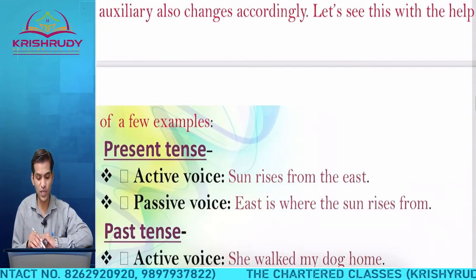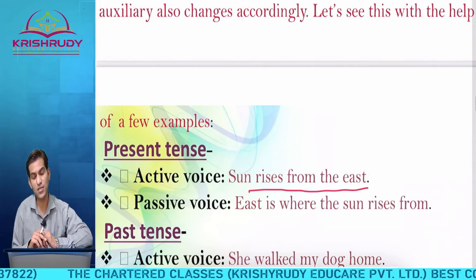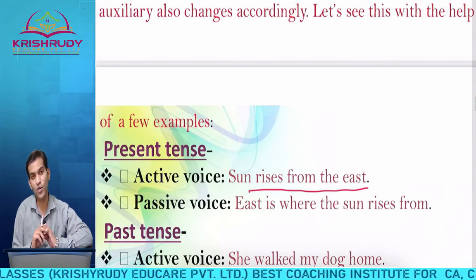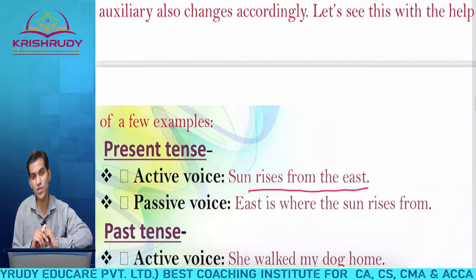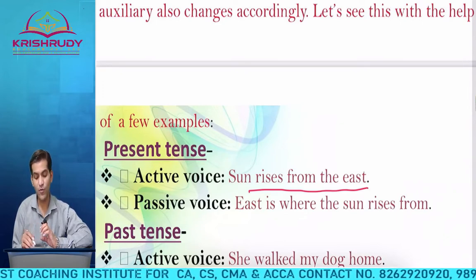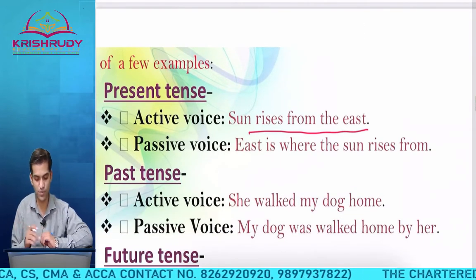Now here you see active voice: "The sun rises from the east," right? This is quite a complicated sentence for many students, because when we apply the rules we read recently, it might create problems.